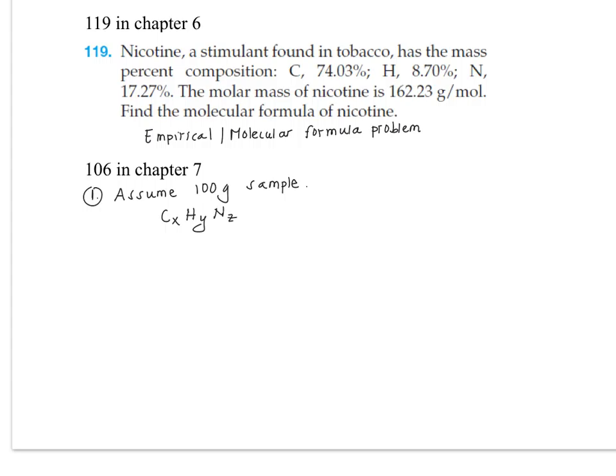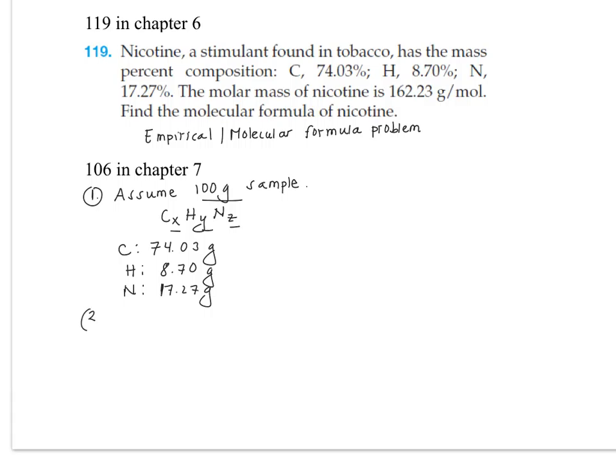Our goal is to determine what X, Y, and Z are. So if we're assuming a 100-gram sample, carbon, we have 74.03 grams. Hydrogen, we have 8.70 grams. And for nitrogen, we have 17.27 grams.